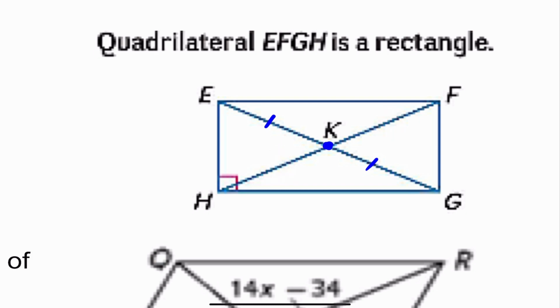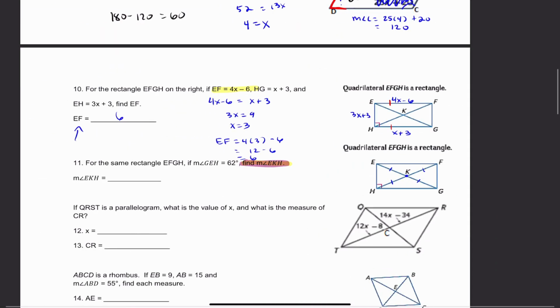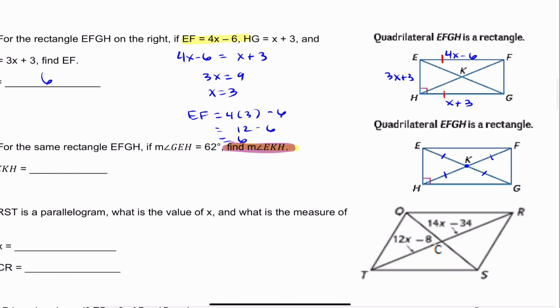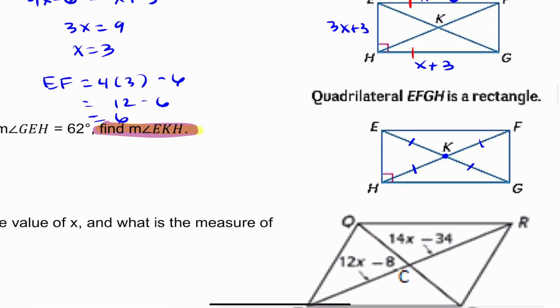Well, I actually put 1, because you need to know that the diagonals of a rectangle are congruent, so they do have the same measure. I don't put 2 tick marks because, once again, the diagonals here are congruent. So we label that GEH is 62 degrees.